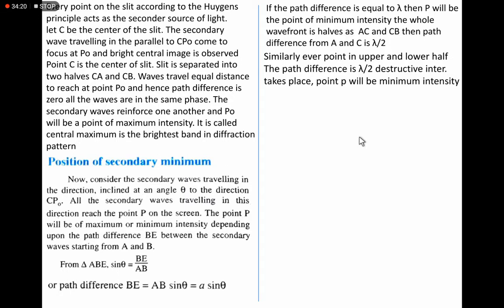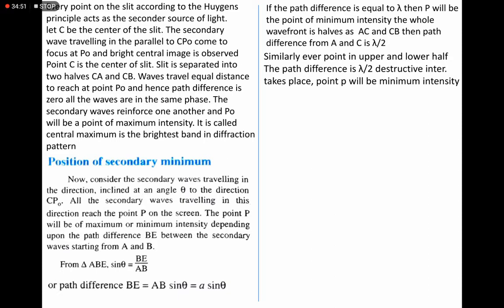AC and CB are the two equal parts of the slit, and the waves from these two parts reach point P. If the path difference is lambda, the waves reaching the point are in integral multiples, then minima will be produced at the point.